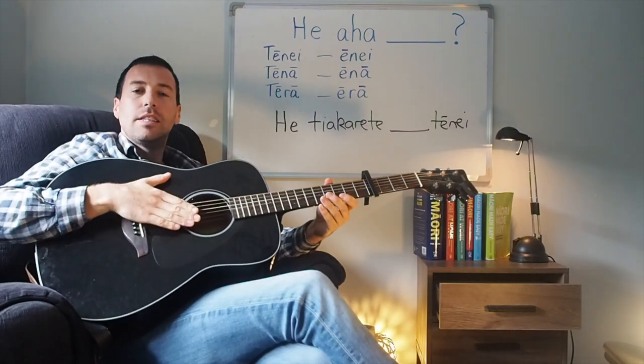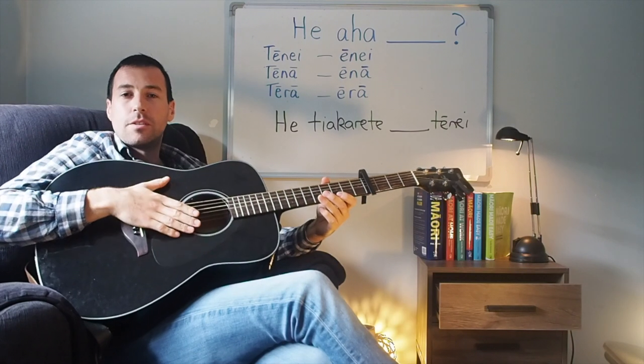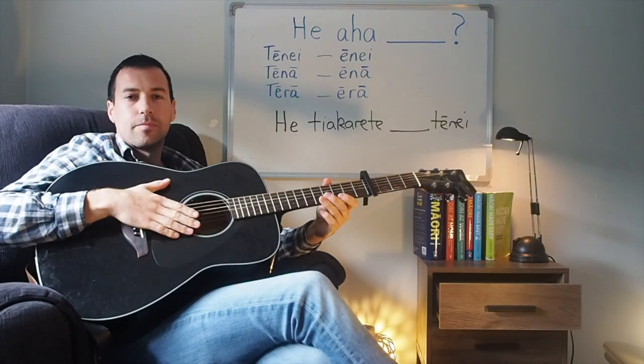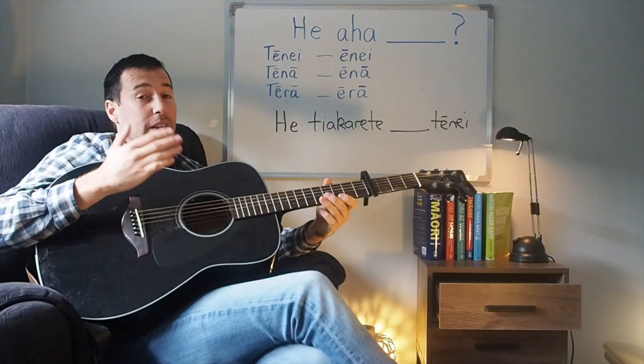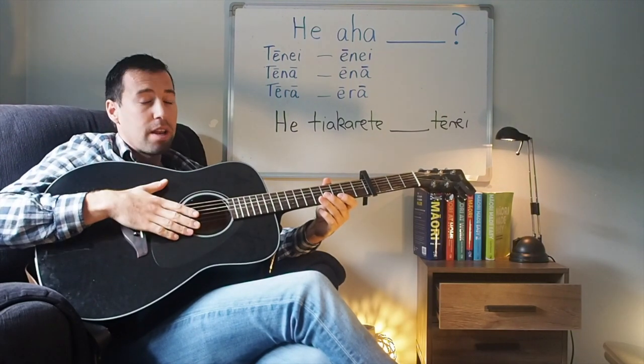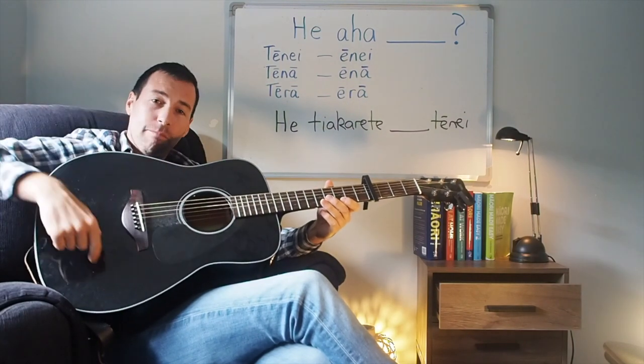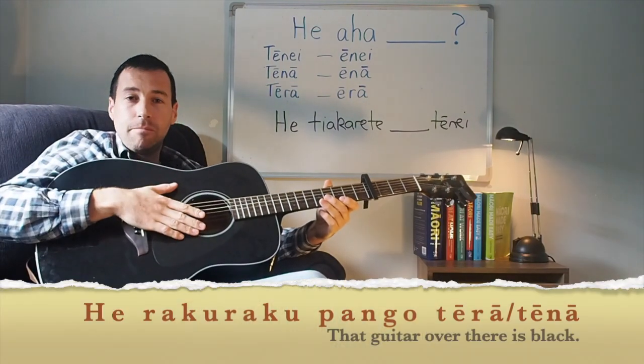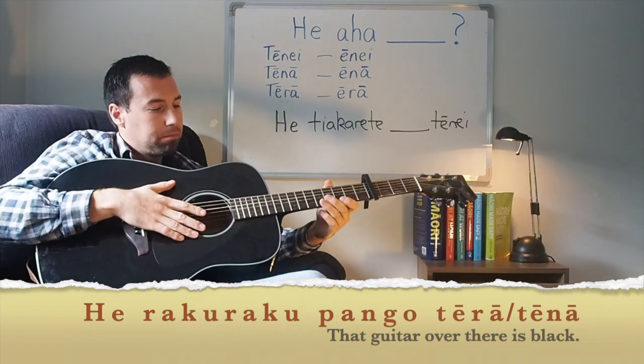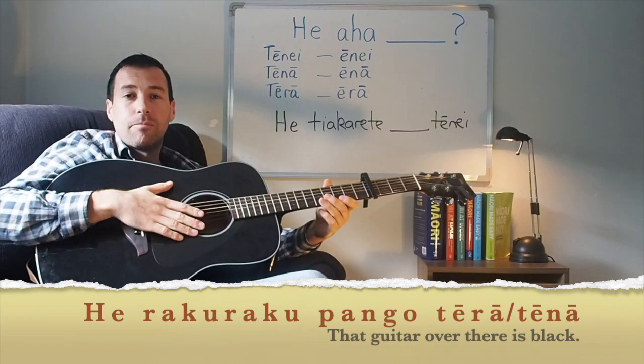He aha tēnei. Describe this. Ka pai. If you're thinking of something along the lines of he rakuraku pango tērā, you'd be right. It's a black guitar.